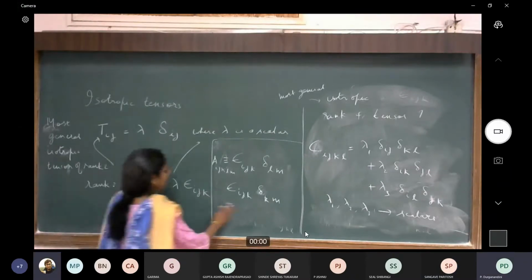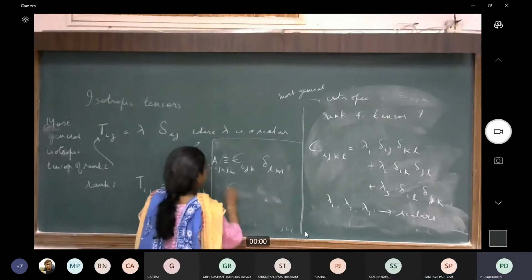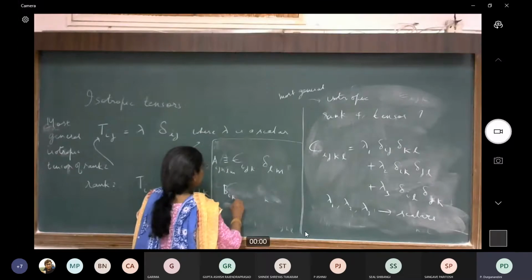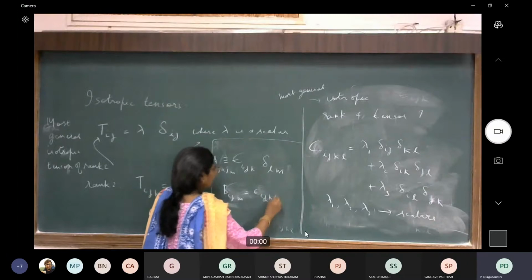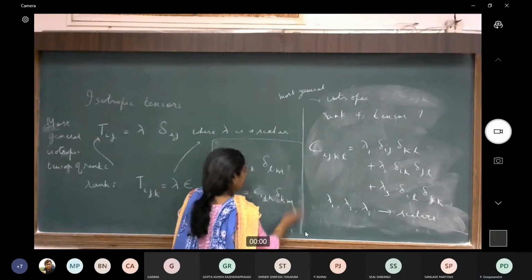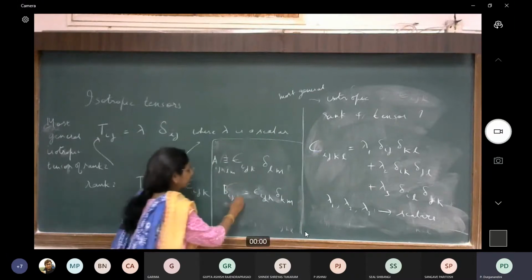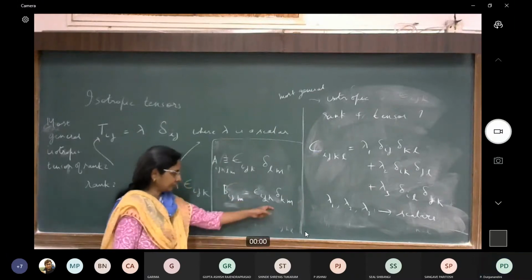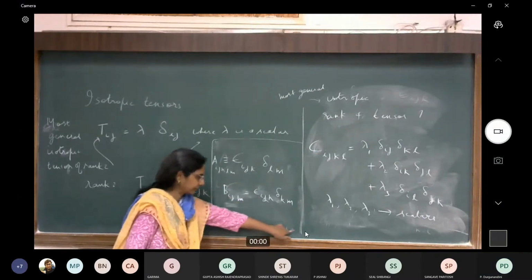Let's write this as some B, ikn, ijn. So this is going to be a rank 3 tensor.